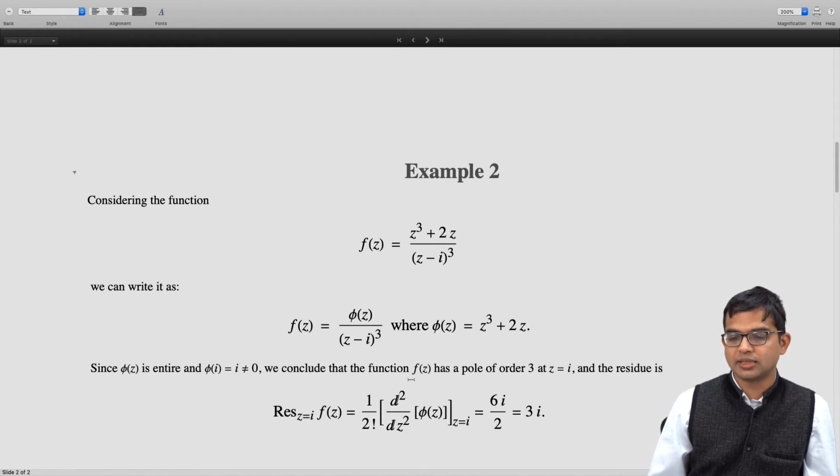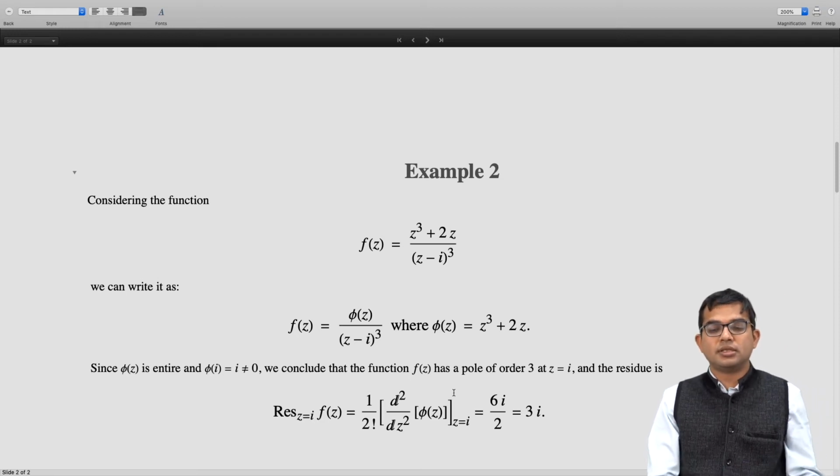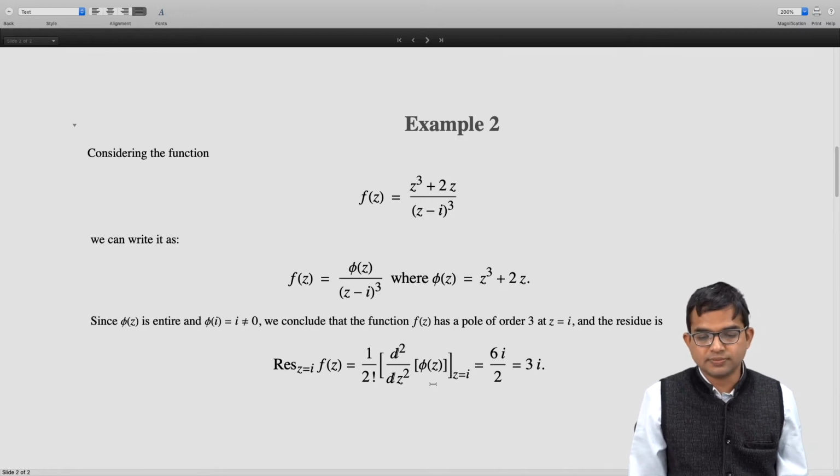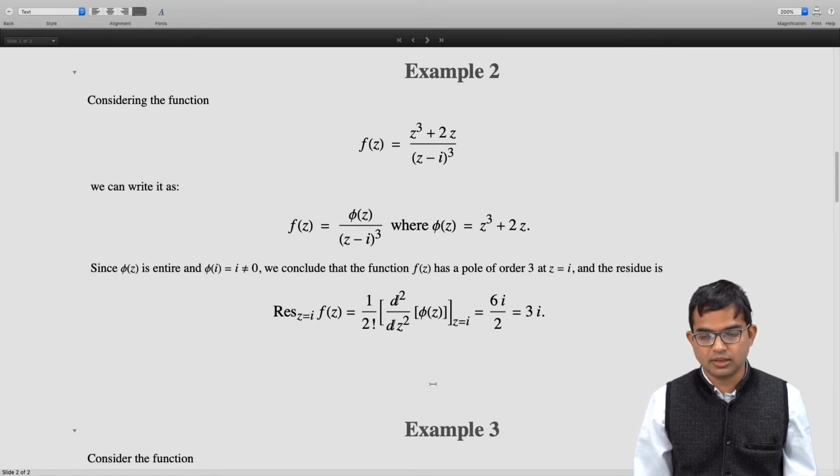If you take the second derivative of this, you get 3z squared, then 6z, and then you have to evaluate this at the point i, so you get 6i divided by 2 factorial. So the answer is just 3i. This is the residue of this function at the point z equal to i.